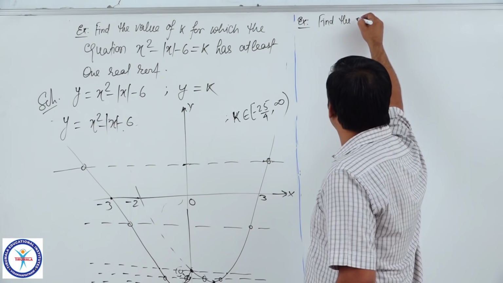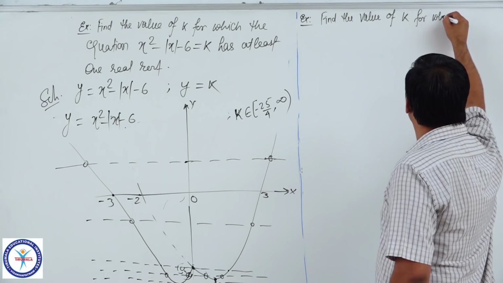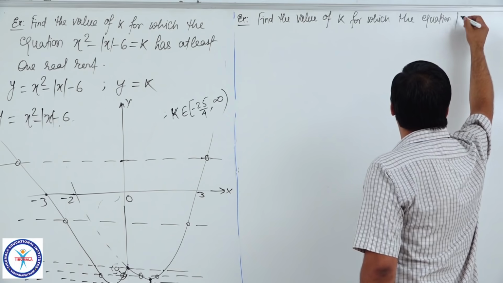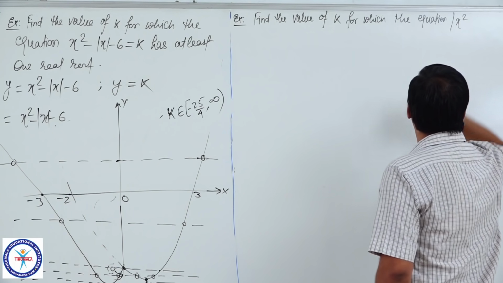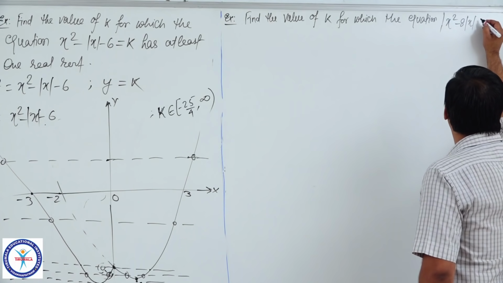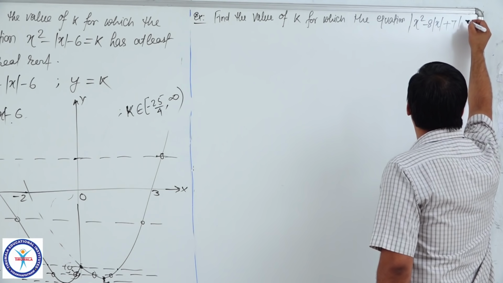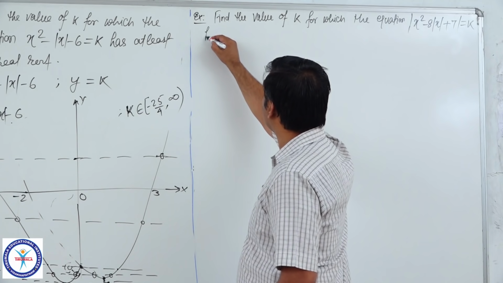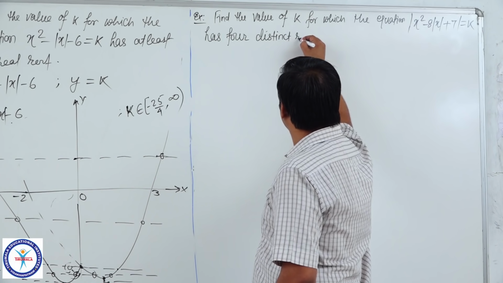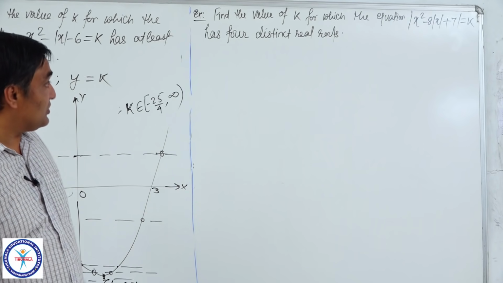Find the value of k for which the equation mod of (the quadratic) has 4 distinct real roots.